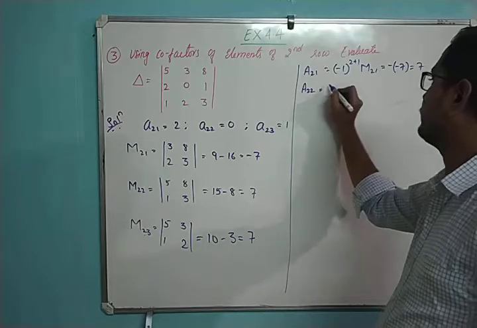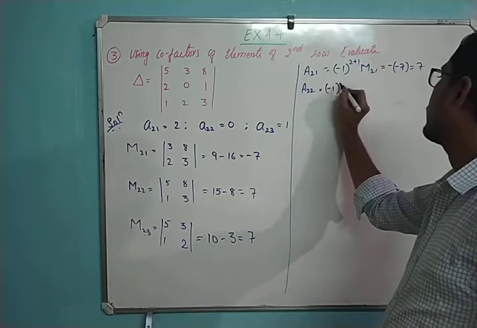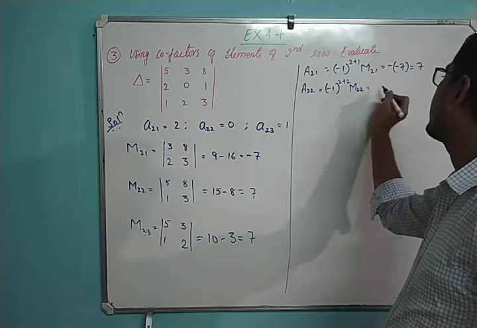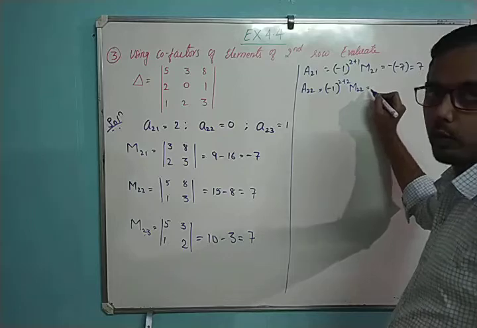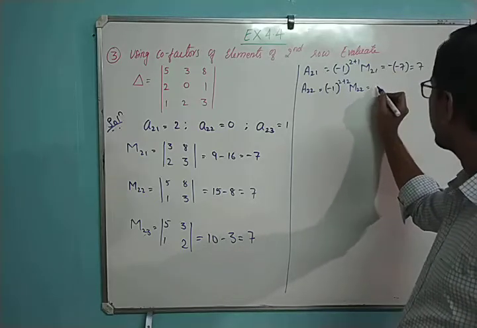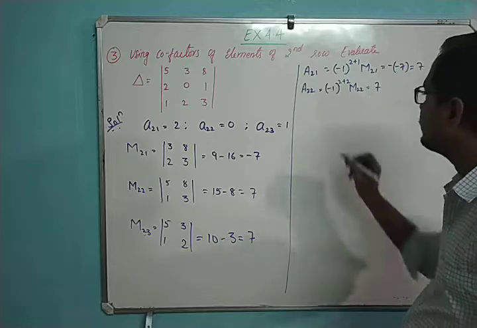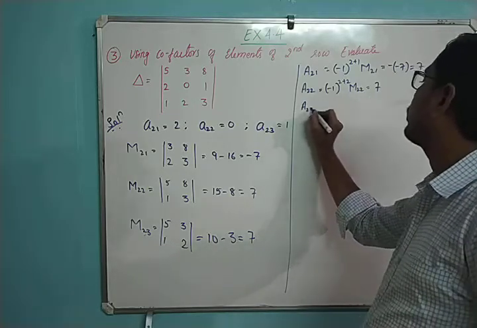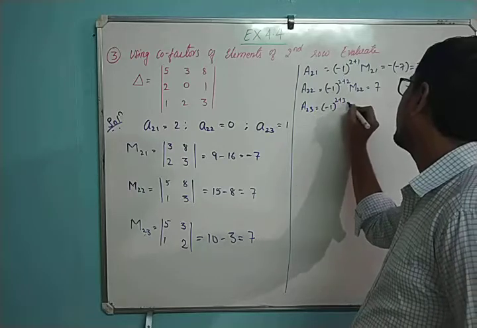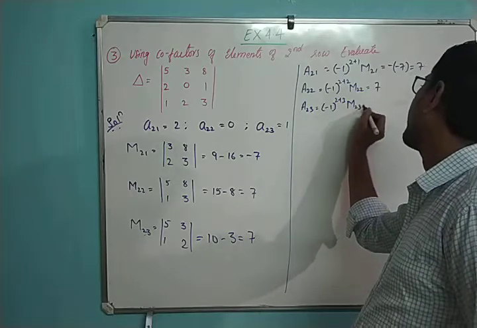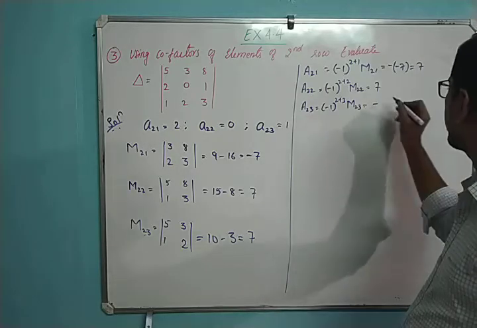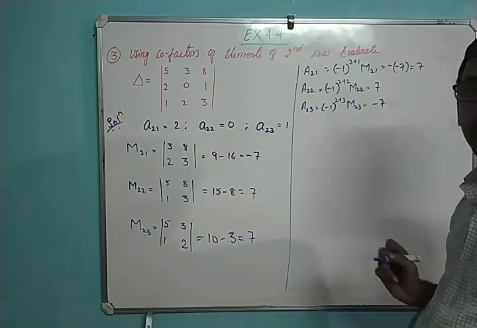A22 is minus 1 to the power 2 plus 2 into M22. That is plus 1, and M22 is 7. A23 is minus 1 to the power 2 plus 3 into M23. That is minus 1, and M23 is 7, so it will be minus 7.